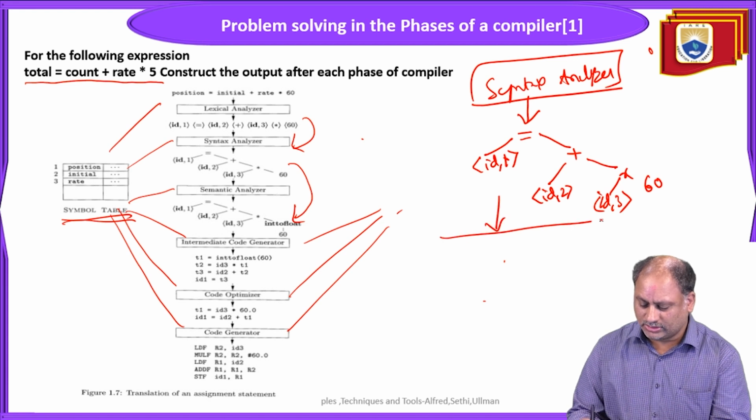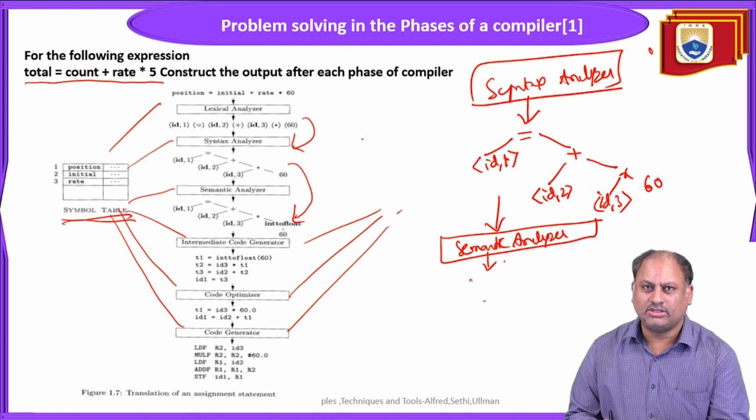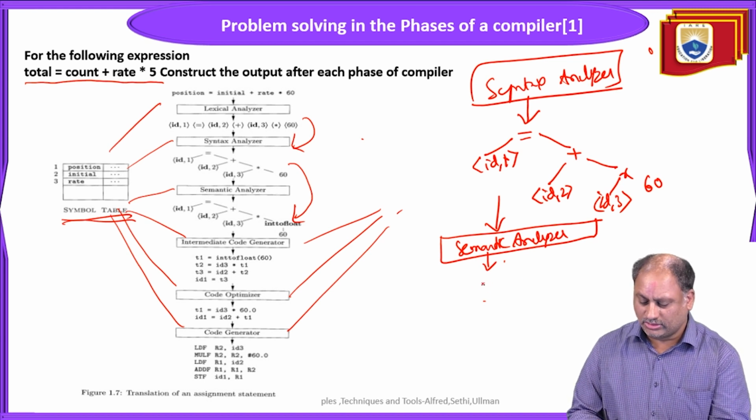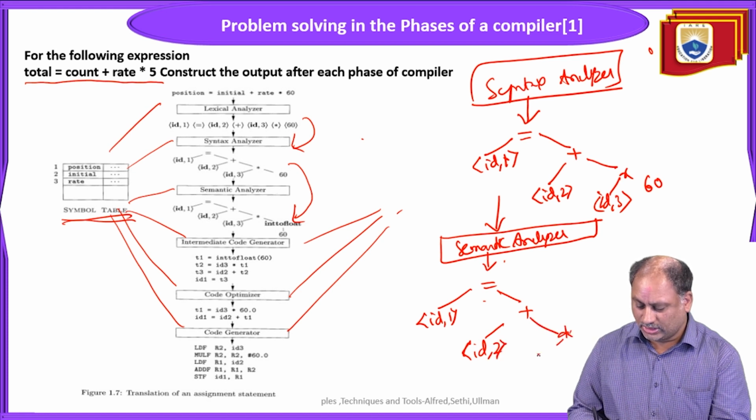Now this is processed with the semantic analyzer. In the semantic analyzer, the code is once again evaluated with the corresponding notations, and it is given as identifier 1 plus identifier 2, and this is the star operation with identifier 3 on its left.